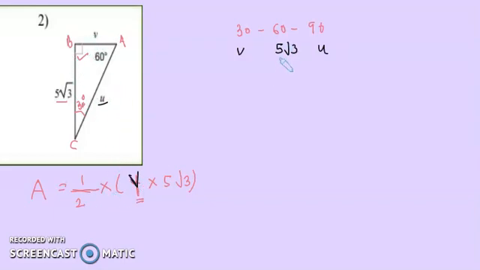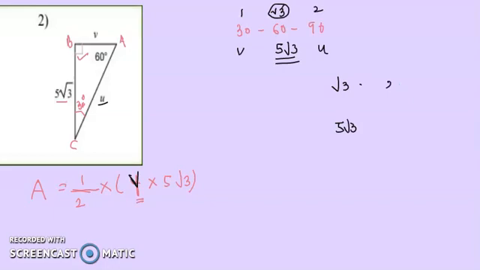So how to find the area now? Now we know that in a 30 60 90 triangle the ratios of the sides are 1, 2 and √3. So √3 corresponds to 5√3. So as we discussed previously, √3 and 5√3 is here.